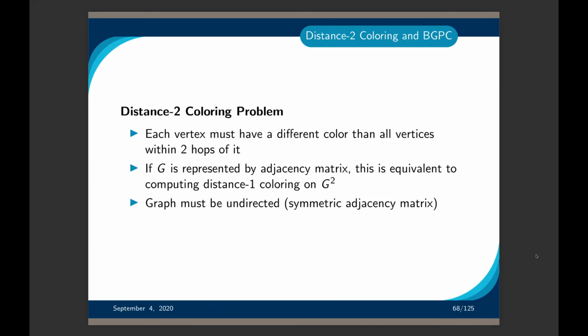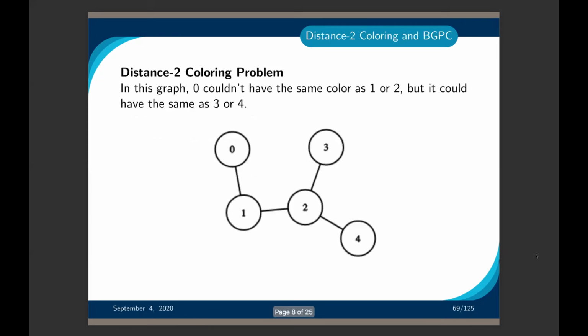This is actually true for distance 1 as well, but the graph needs to be represented by a symmetric adjacency matrix. In this little example, vertex 0 would need to have a different color than both vertex 1 and vertex 2 because those are within 2 hops of it. But 0 and 3 or 0 and 4 might have the same color because they're 3 hops apart.